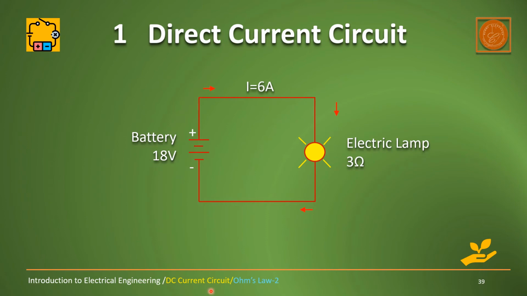For instance, in our previous circuit example with the 3 ohm lamp, we calculate the current through the circuit by dividing voltage by resistance. I equals E divided by R. E is 18, R is 3, so the current is 6 amps.